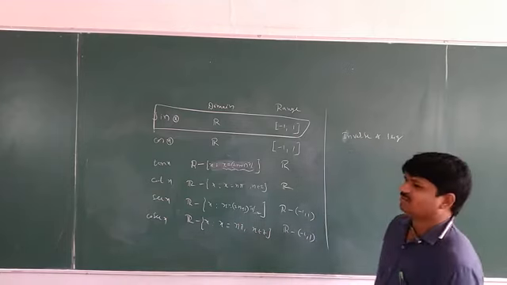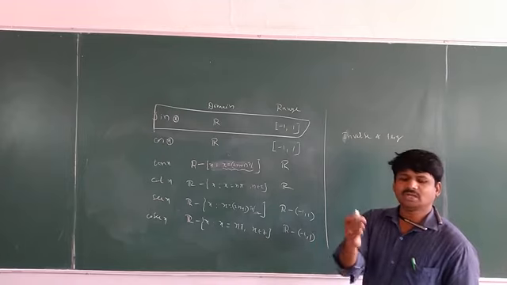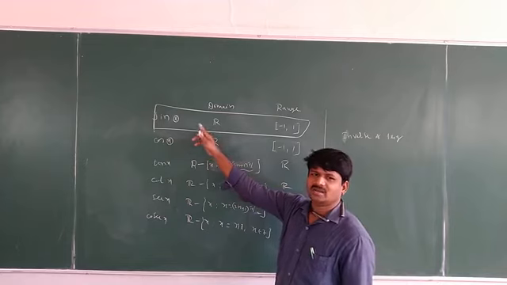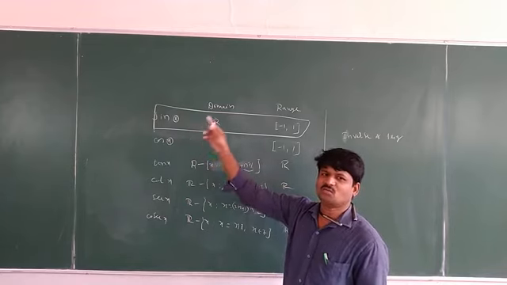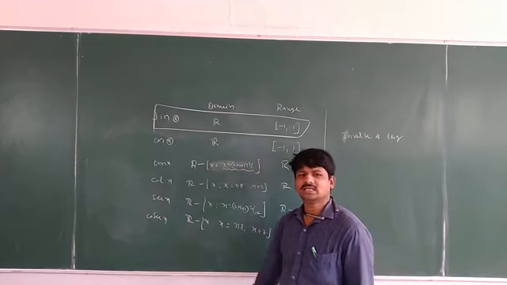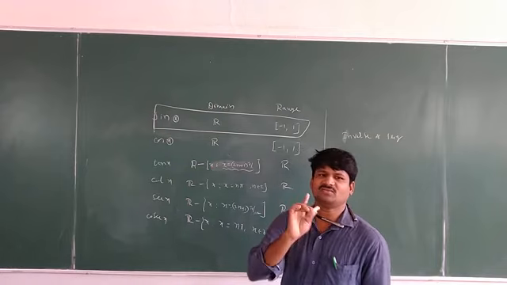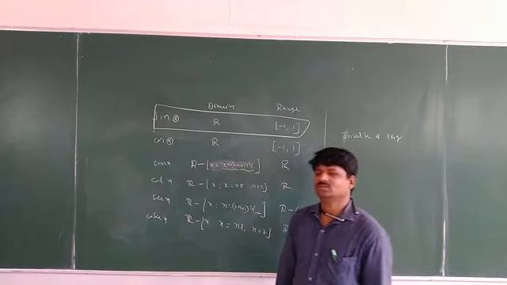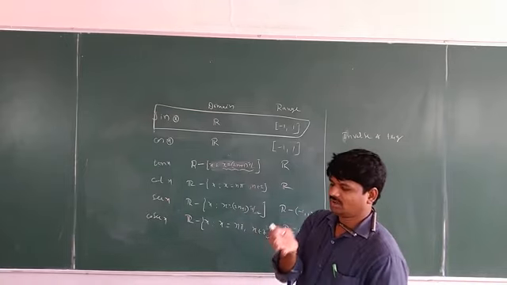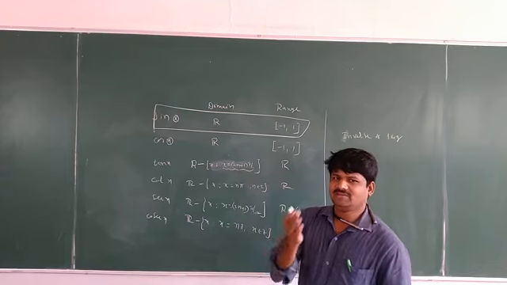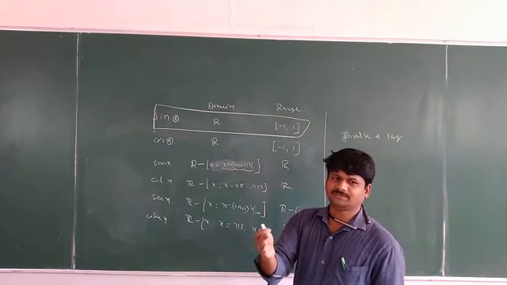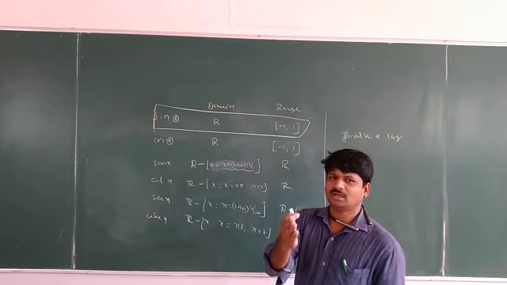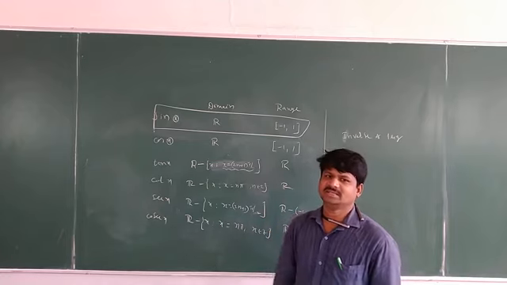Yes. To check one-one, you should know whether the sin function is one-one or not. To check that, we should know the definition of one-one. So how can you check what is a one-one function? A function f is said to be one-one if different elements of the domain have different images.